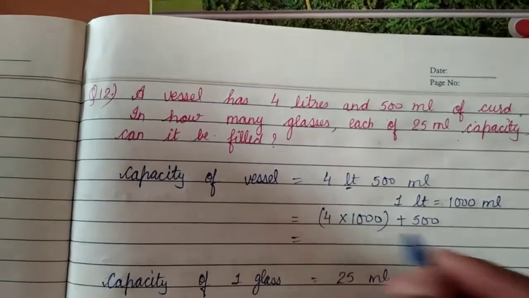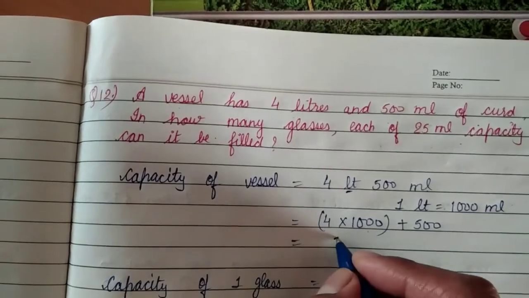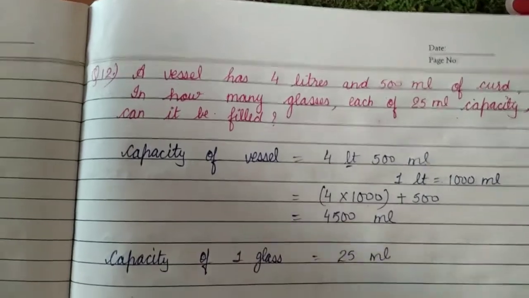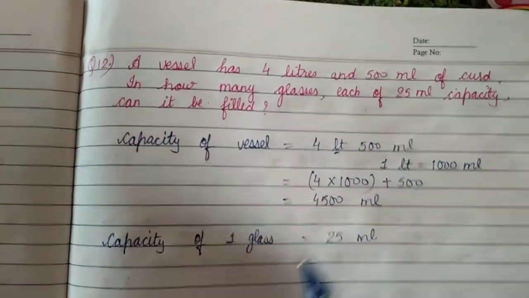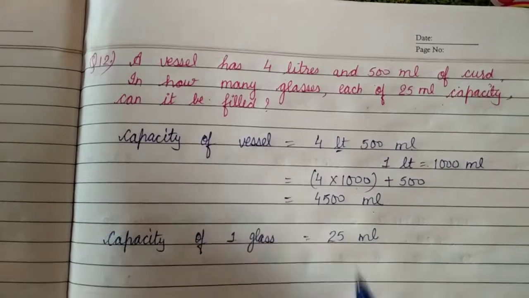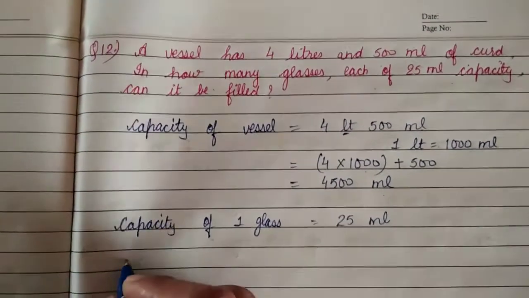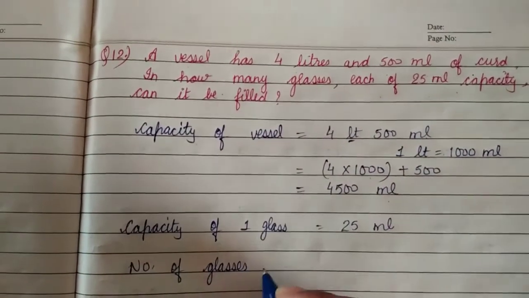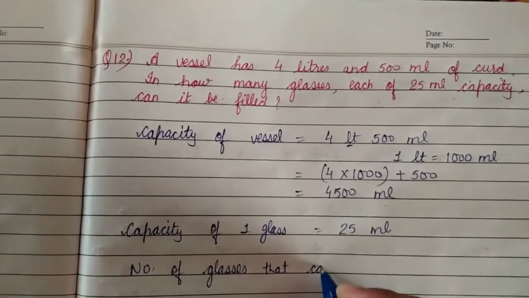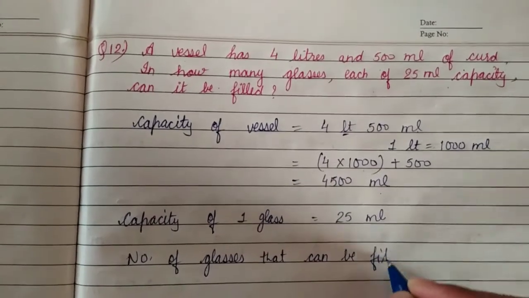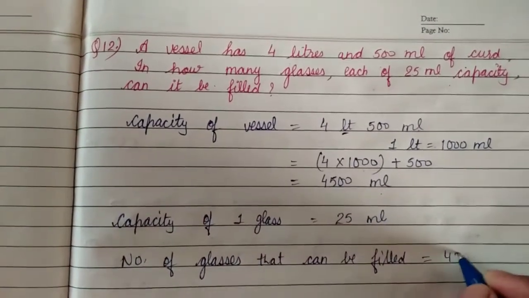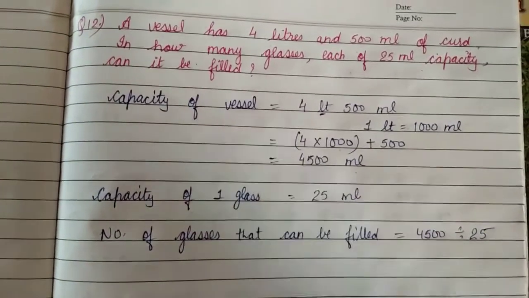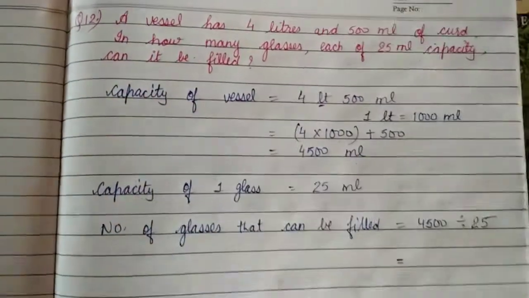So 4 into 1000 is 4000 plus 500 is 4500 milliliter. Now we have the capacity of the vessel and the capacity of 1 glass in the same unit. So we will find the number of glasses that can be filled by dividing 4500 by 25.